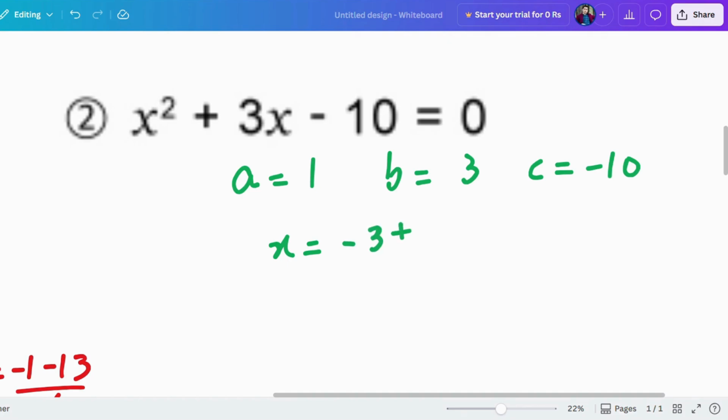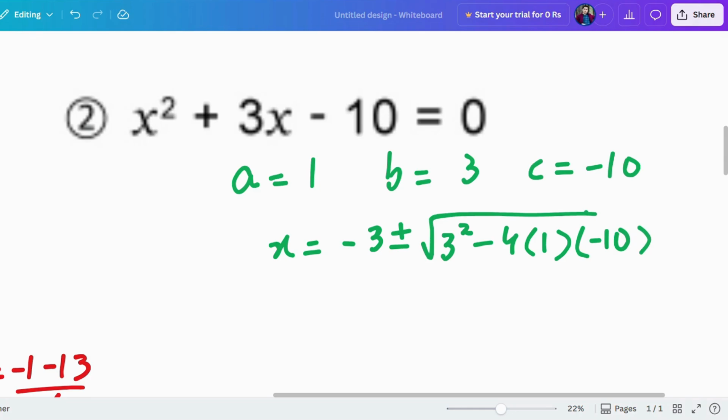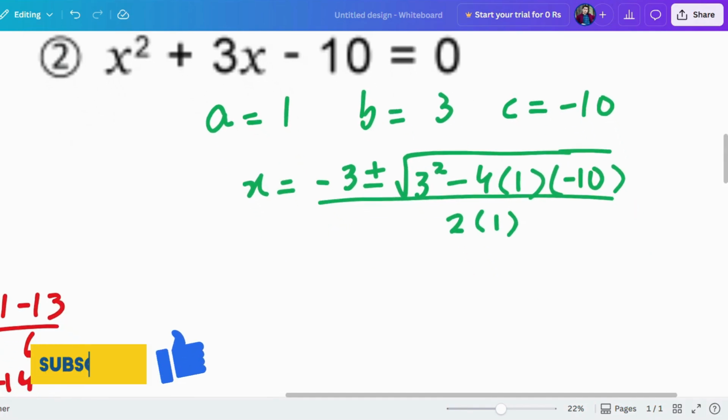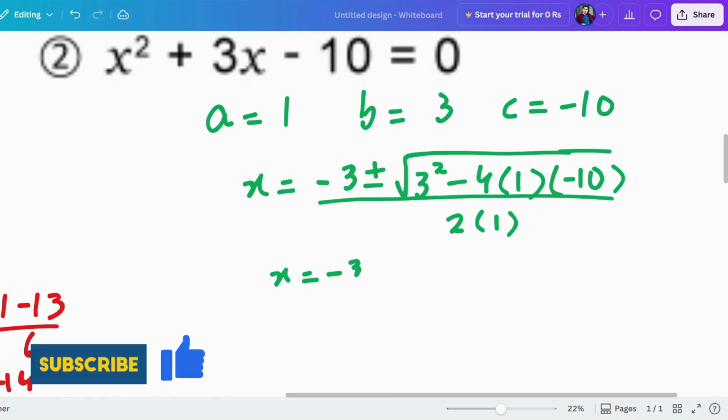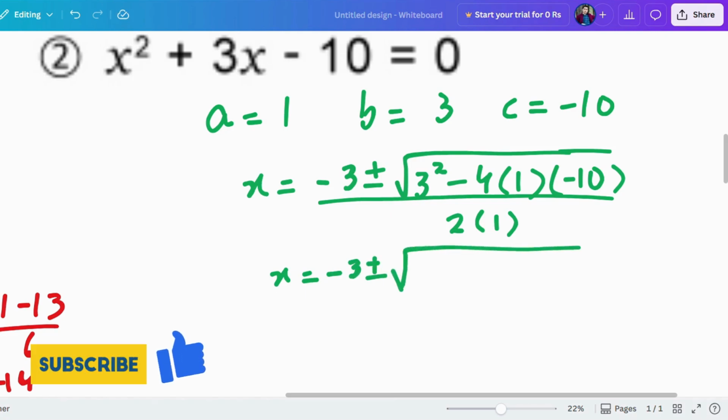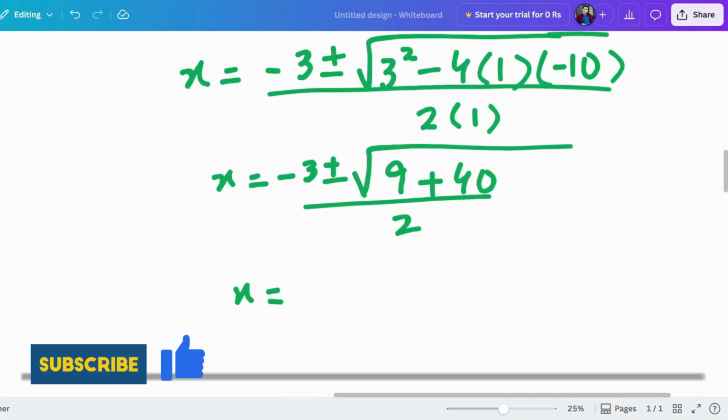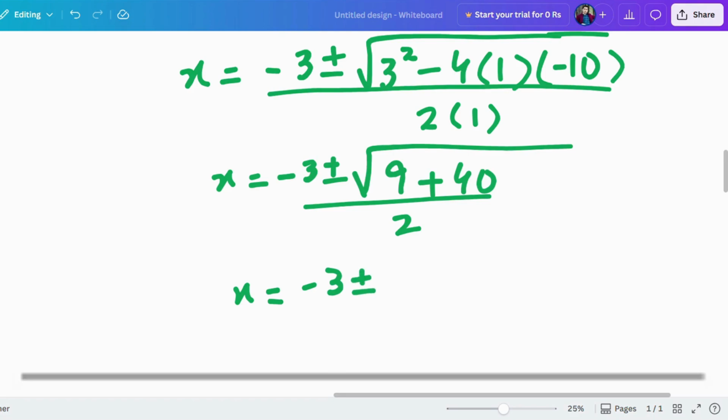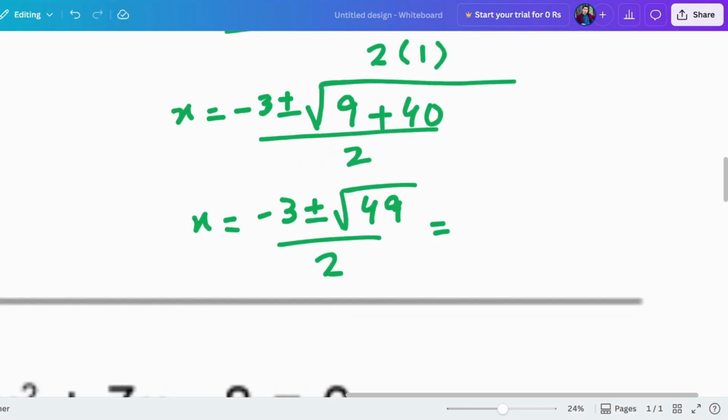minus 3 plus minus radical 3 square minus 4ac, all of it divided by 2a, which is 2 into 1. Okay, so x equals minus 3 plus minus radical 9 minus minus plus 40 over 2. And if I further simplify it, that will be equivalent to minus 3 plus minus radical 49 over 2, which will be equivalent to minus 3 plus minus 7 over 2.